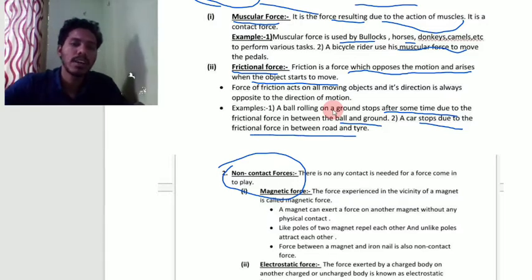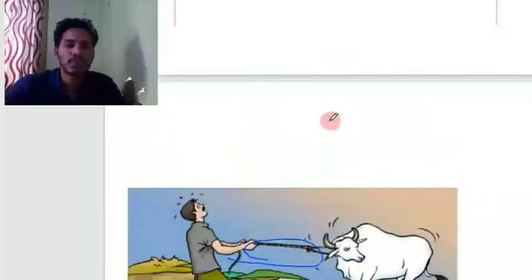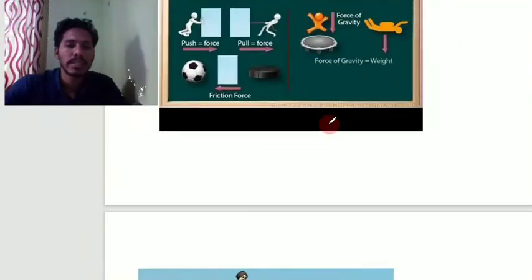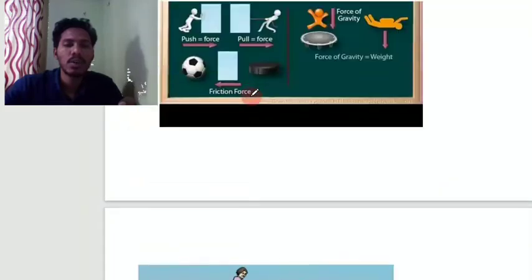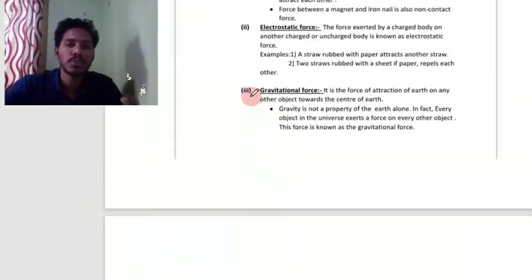So these are included in frictional force. This ball or this box or any other object moves and it stops because of the frictional force. This frictional force arises when the object starts to move.